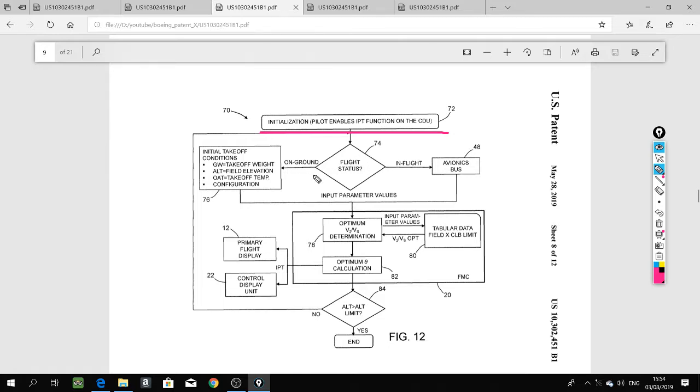So the flight status looks at whether the aircraft is on the ground or in flight. If it's on ground, then as we showed in the previous figure, all the initial takeoff conditions are determined.